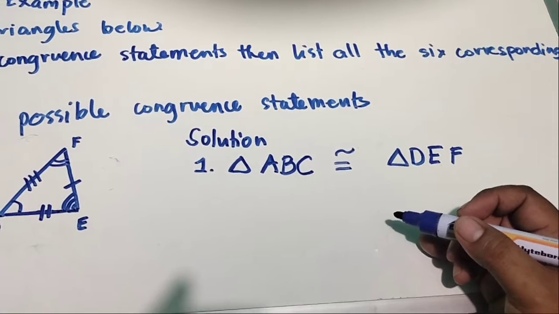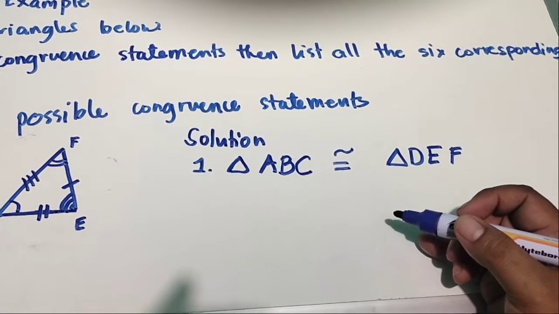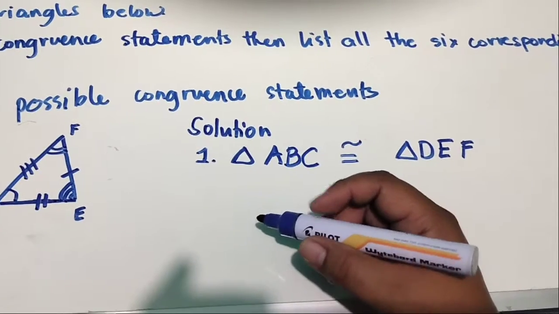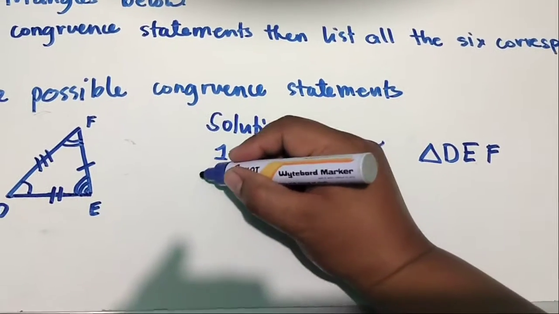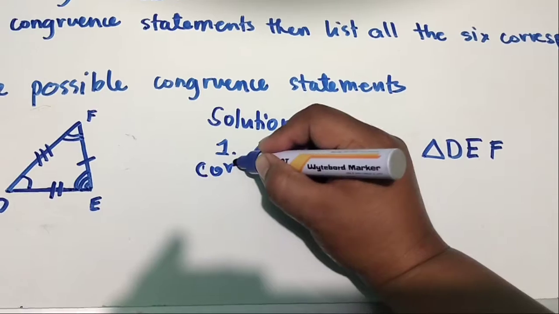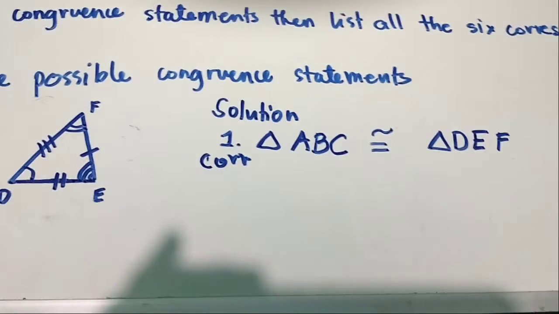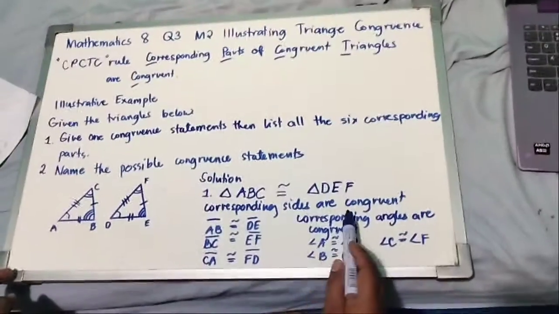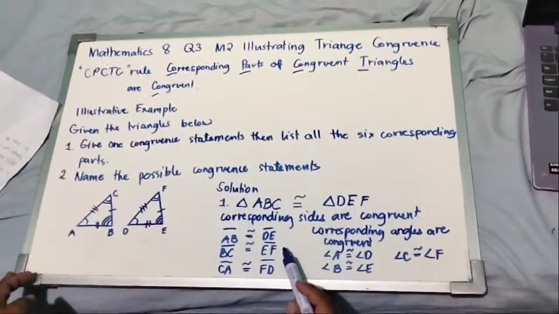We know that corresponding sides are congruent. Therefore, let us write the corresponding sides. Okay, so we are finding the corresponding sides that are congruent.